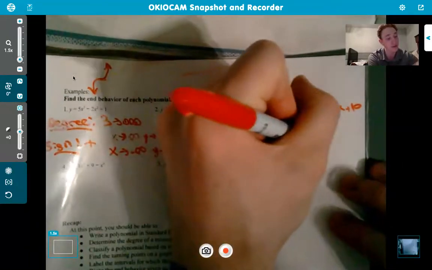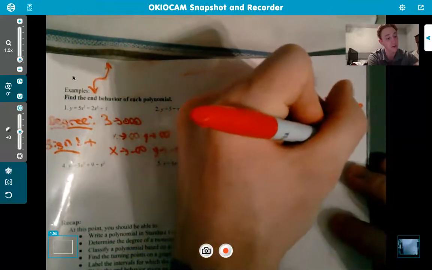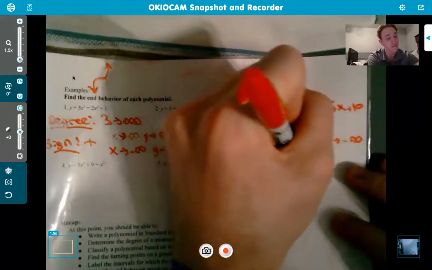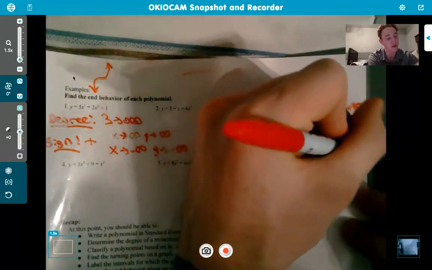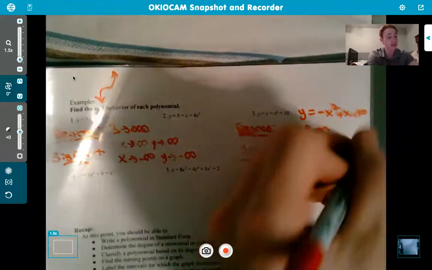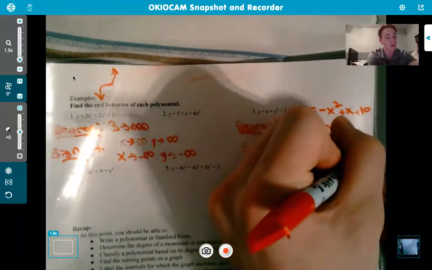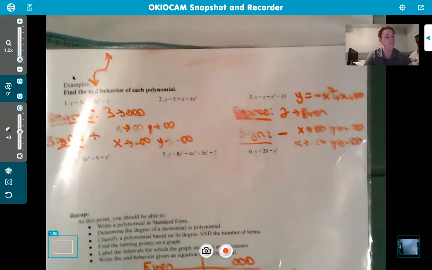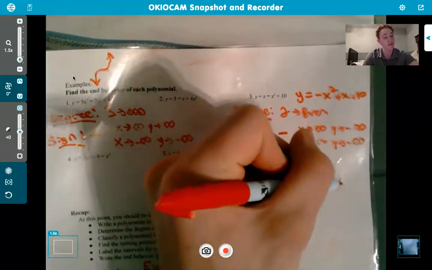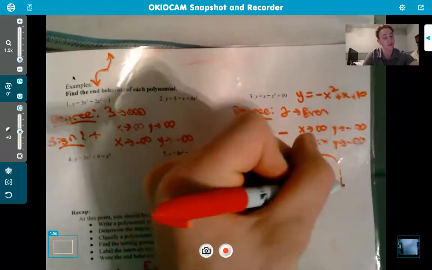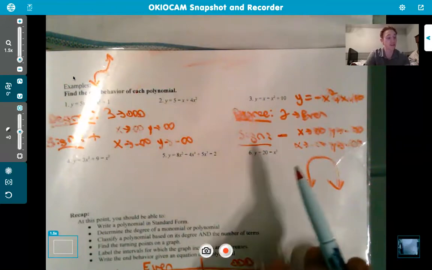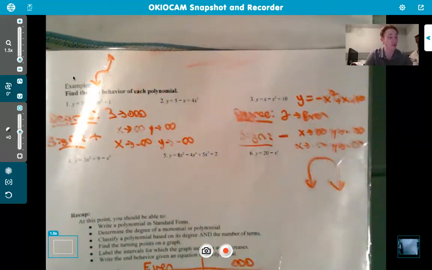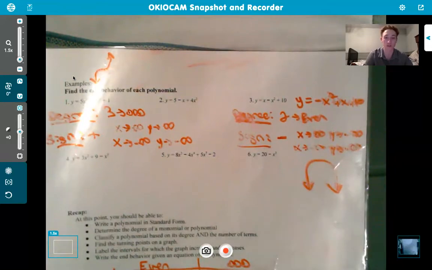As x approaches infinity, y approaches negative infinity. As x approaches negative infinity, y approaches negative infinity. So it's continuously decreasing regardless of where I look at this graph, right? If we were to take a look at this graph, it would look something like this. We saw this on the first page, okay? So a negative leading coefficient, even degree, decreasing in both directions, okay?